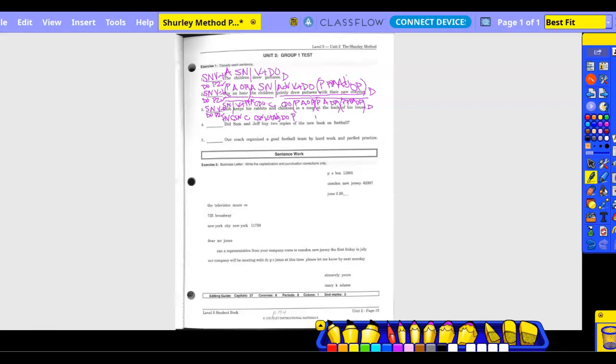Of what? What kind of book? New. The, article adjective. On what? Pattern. Direct object, pattern to check. Okay. Of the new book. On football. Okay.